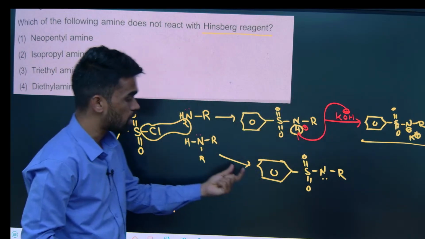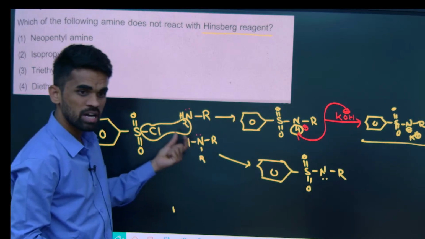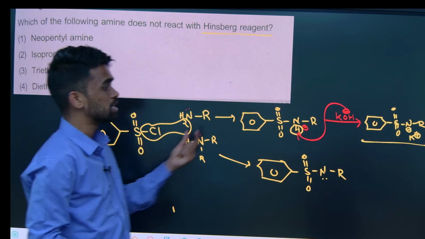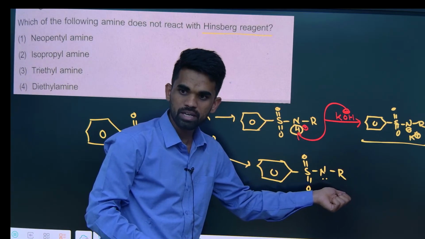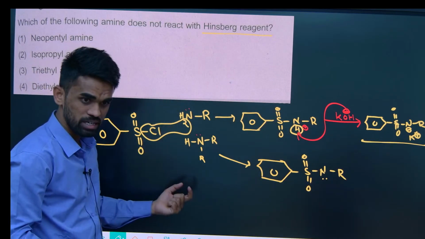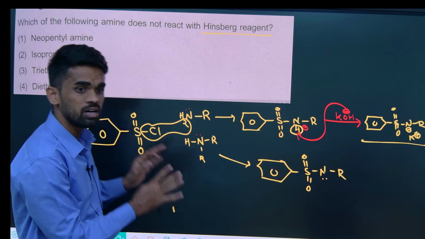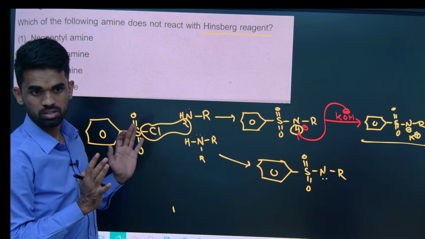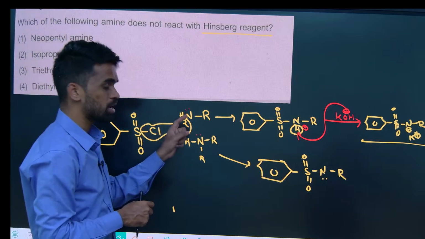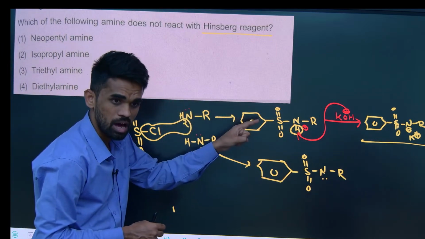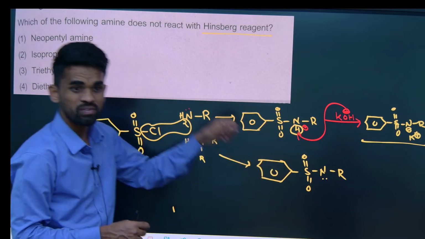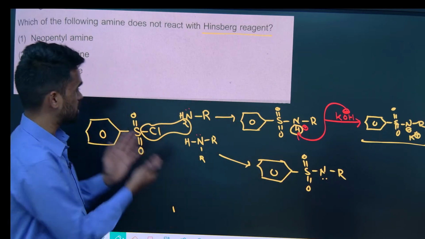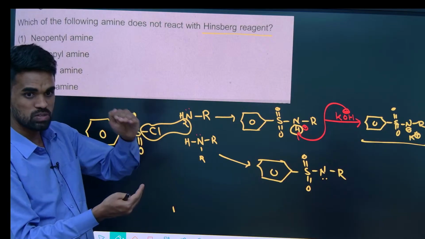But the product formed from a secondary amine upon reaction with Hinsberg reagent will not dissolve in the alkali medium, whereas a tertiary amine won't even react with the Hinsberg reagent. It means primary amine reacts and dissolves in alkali medium. Secondary amines react but do not dissolve. Tertiary amine, no reaction with this. It means we can classify them now, right?